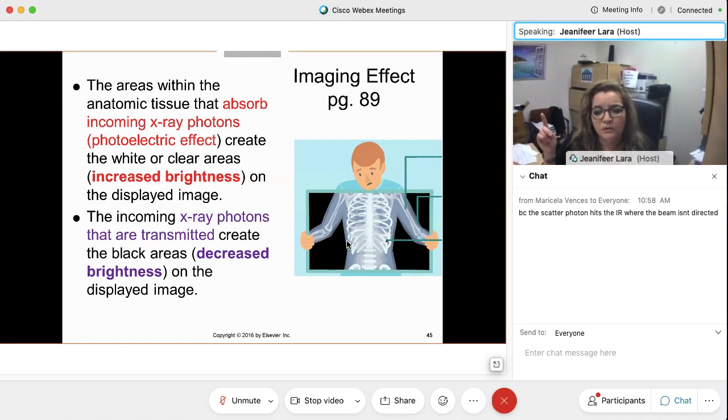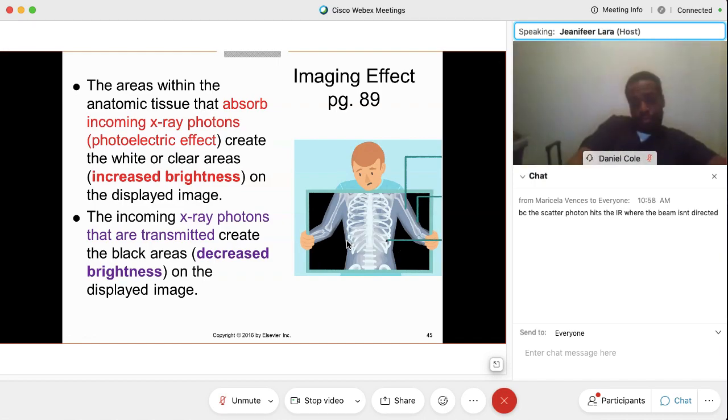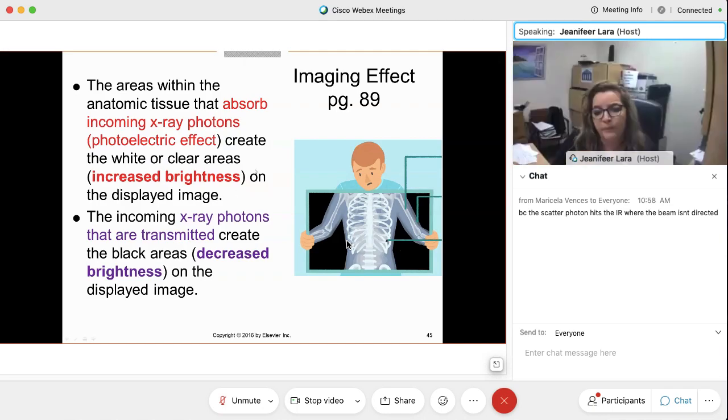So, what world are we living in right now? Digital. And in the digital world, we are going to determine our images by brightness. So if we have increased brightness, or what we say in reference to white, we have the photoelectric effect.